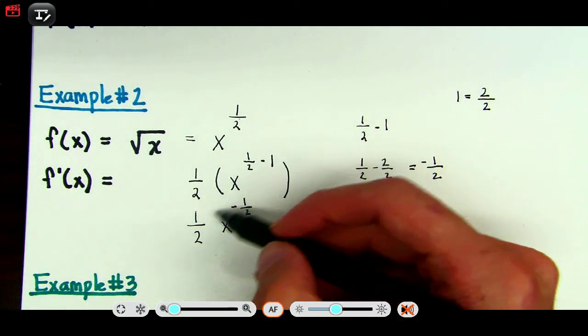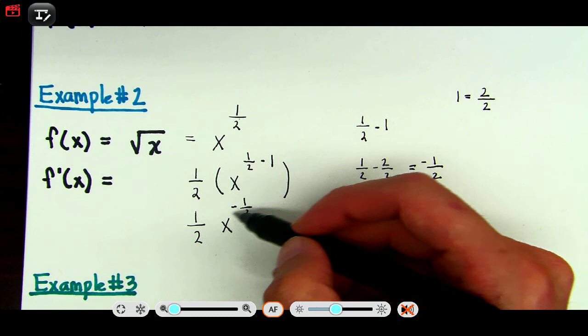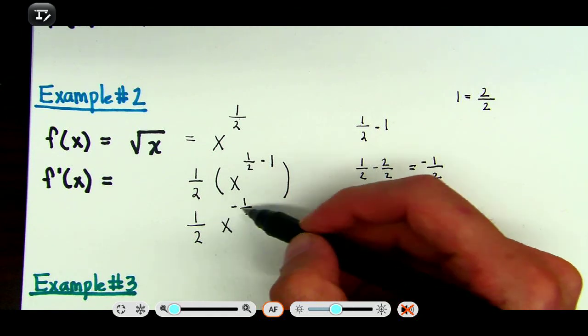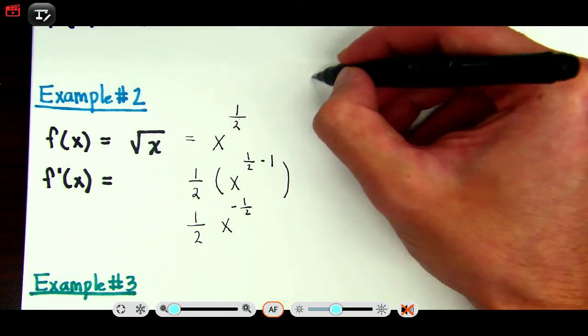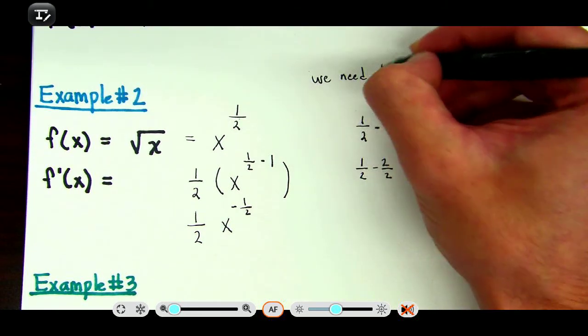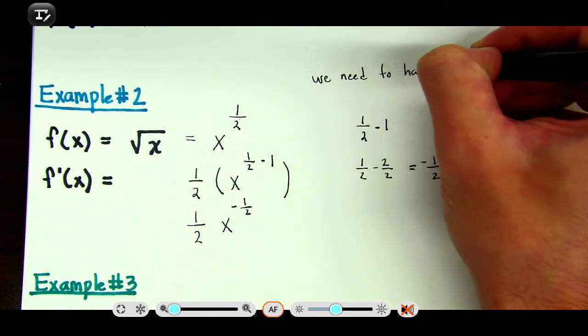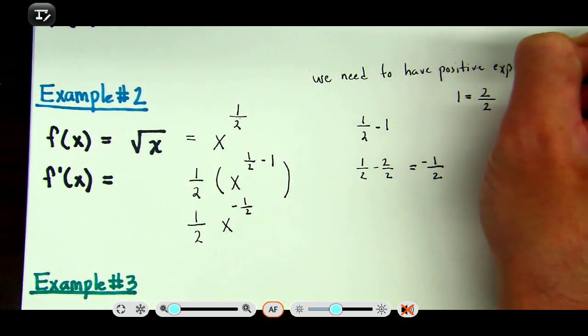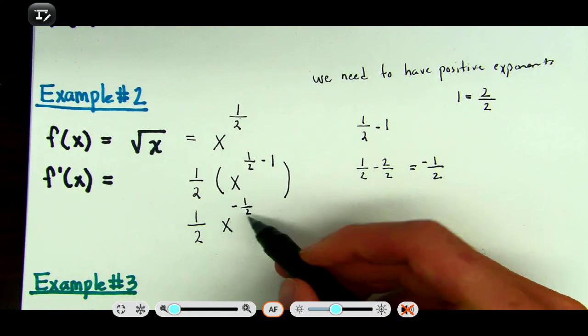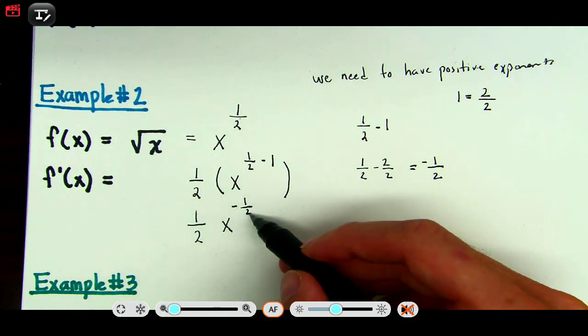But now here, it's not in simplest form because we have a negative exponent. So we need to have positive exponents. So how can we continue? What happens when we have some negative exponent?